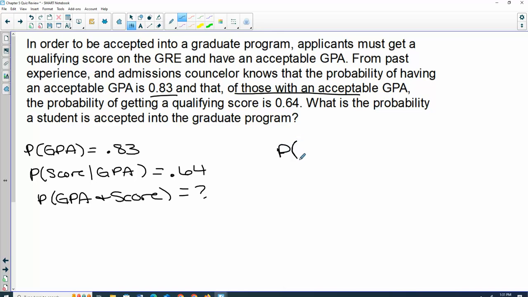Look at your formula sheet. So this is the general multiplication rule. It says the probability of E and F is the probability of E times the probability of F given that E already happened. So the probability of GPA is 0.83.